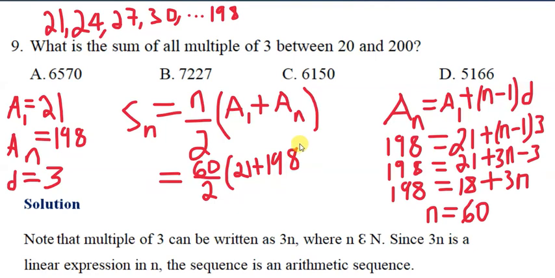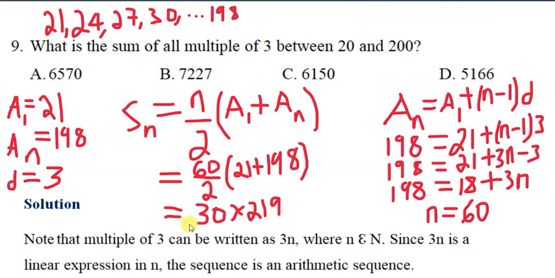The sum of 21 and 198 gives us 219, and also 60 divided by 2 gives us 30 times 219.